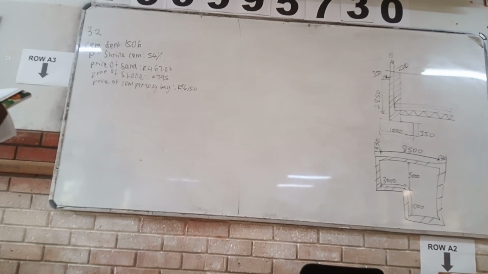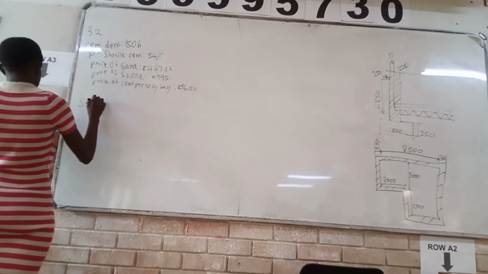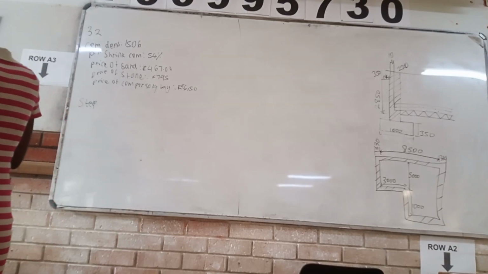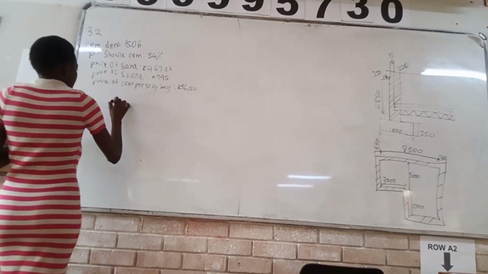We were told to calculate the total cost of material. So, step 1, determine the sum of ratios.